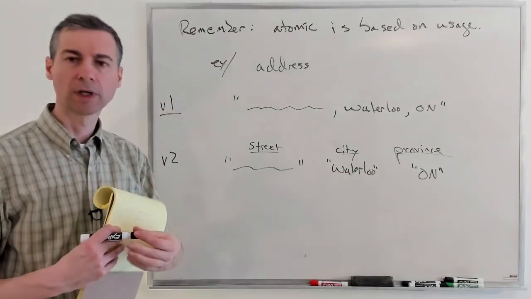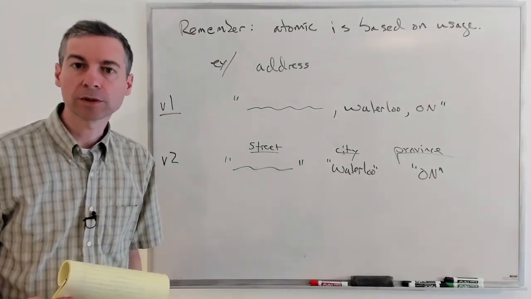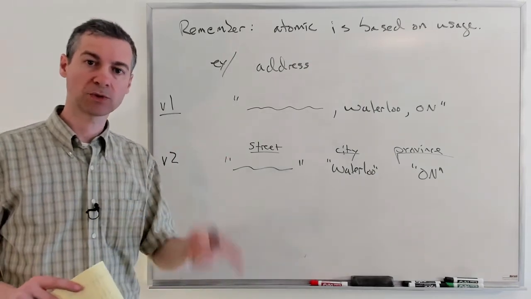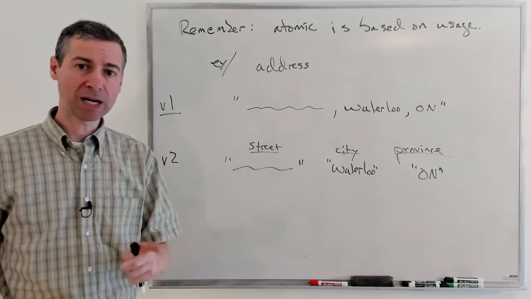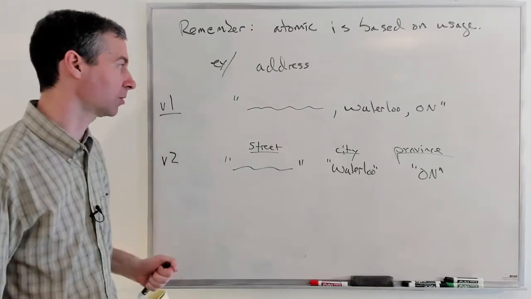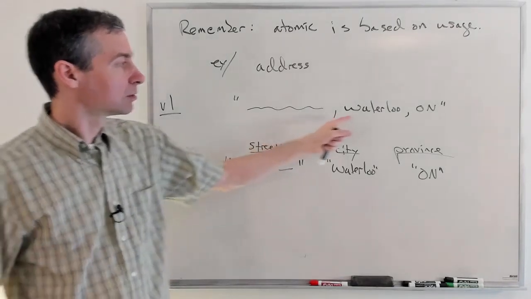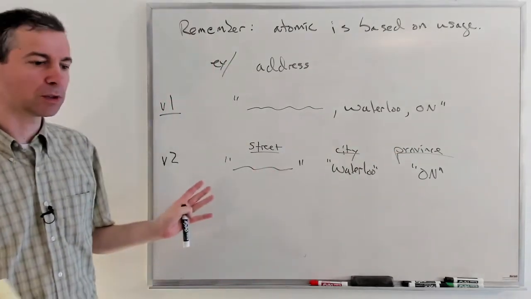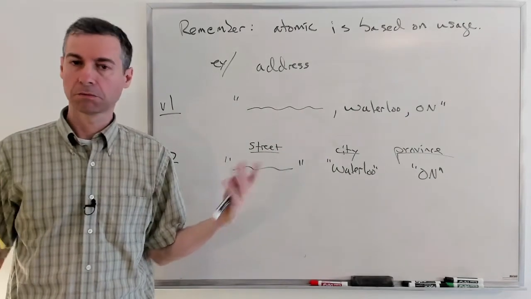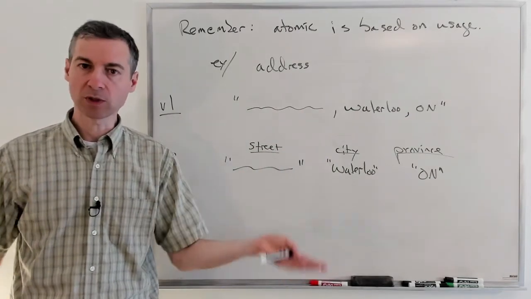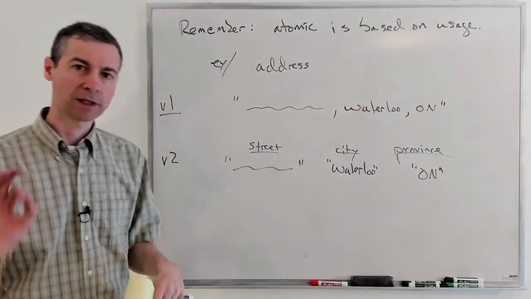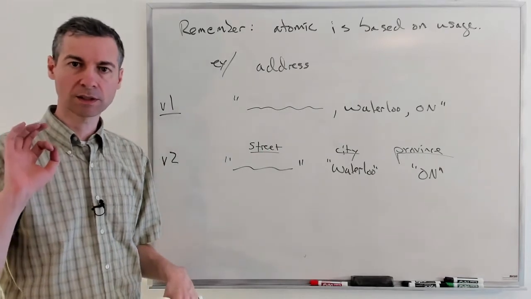Well, what's the right way to do it? We know we need our attributes to be atomic, but being atomic depends upon how we use them. So with this one, if all we do is store it and maybe display it, and we never try to query parts of it or break it apart, it is atomic.